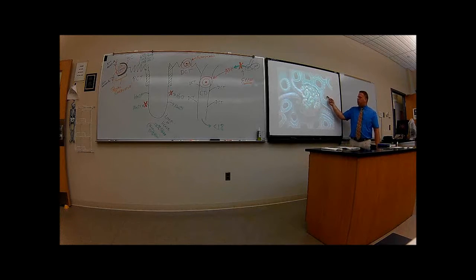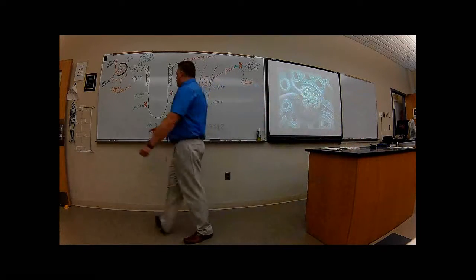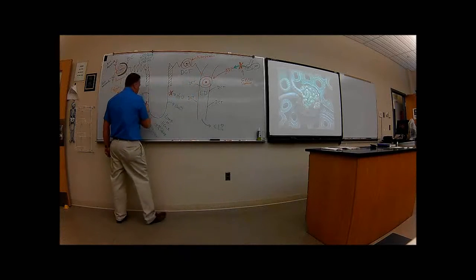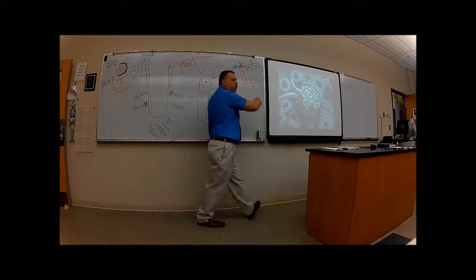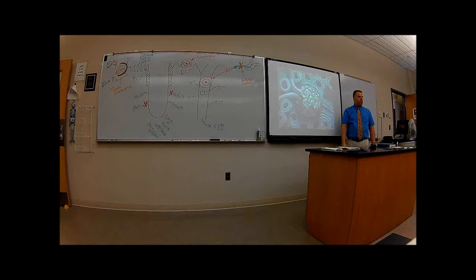So these are cross sections of all the different tubules. If I take a slice right through this whole thing, I'm going to get a cross section here, here, here, here. That's what you're looking at, the cross sections of all the tubes that are surrounding here.